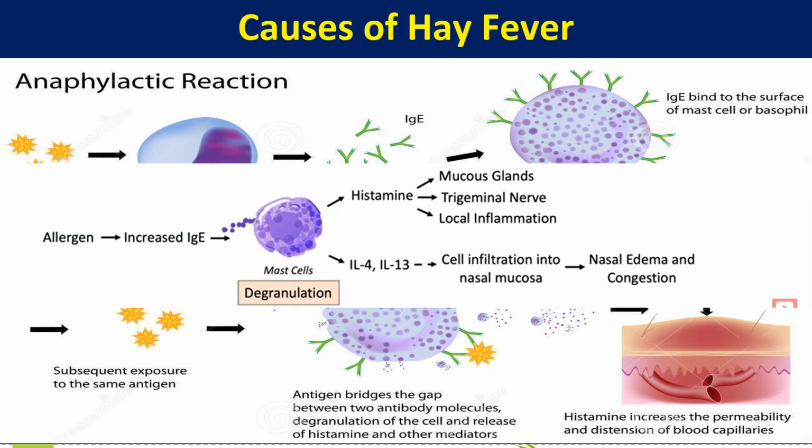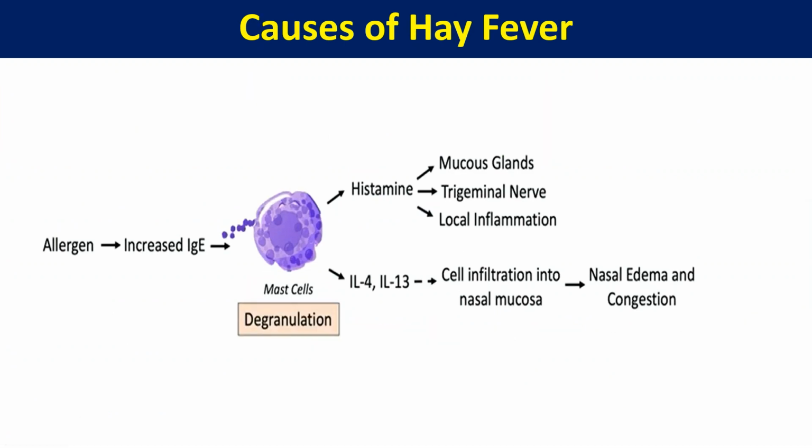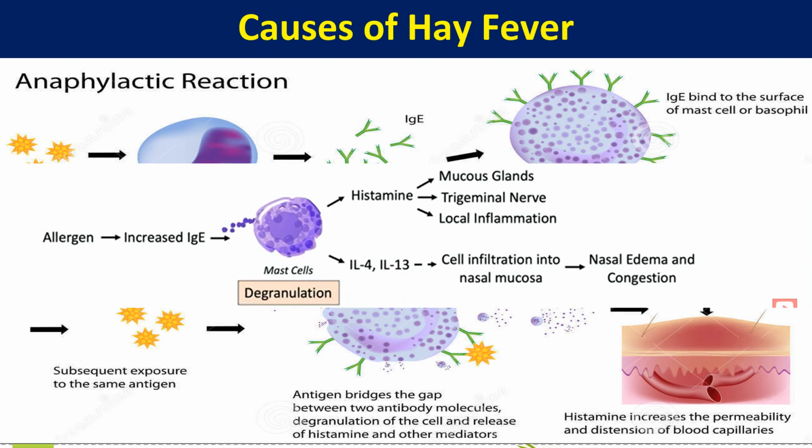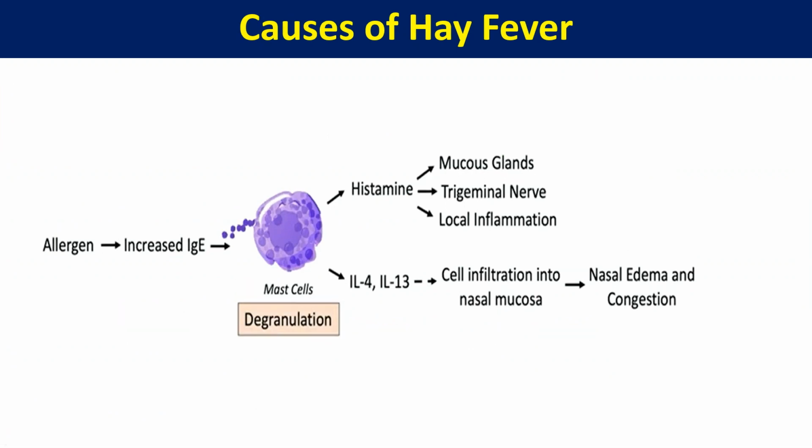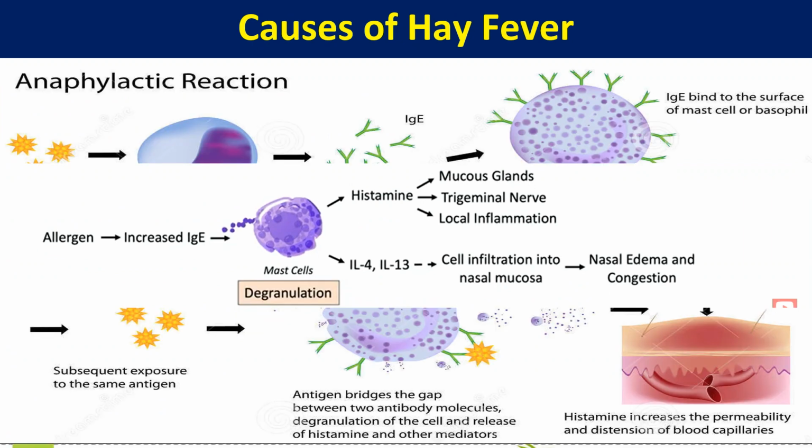The basic mechanism is this: whenever we have an allergen, it activates our immune system, and through different activation it activates the B cells, and ultimately the B cells produce allergen-specific immunoglobulin E. So increased immunoglobulin E production will be there, which binds to the surface of the mast cells.